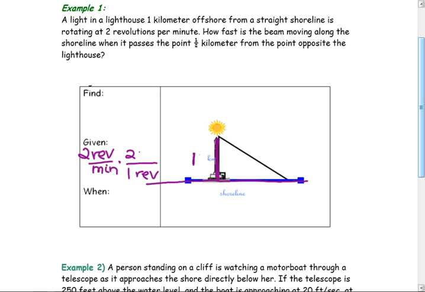And this is 2 pi. So this is going to be equal to 4, that's right, dimensional analysis. 1 revolution is equal to 2 pi radians. And so this is 4 pi radians. We don't say the word radians. I don't know why we don't, but anyway, per minute, which is the change in the angle per time.